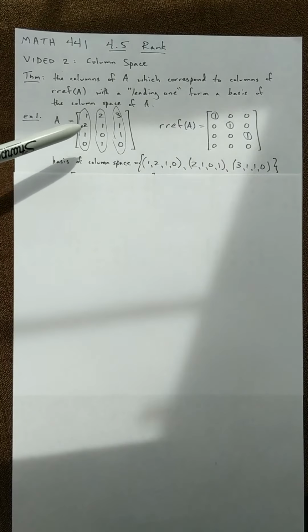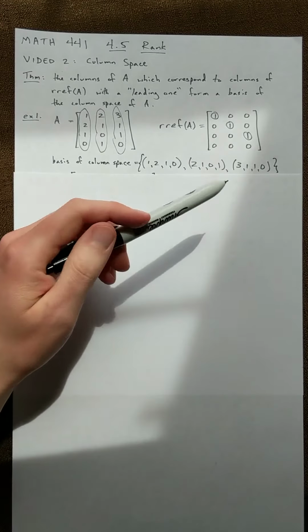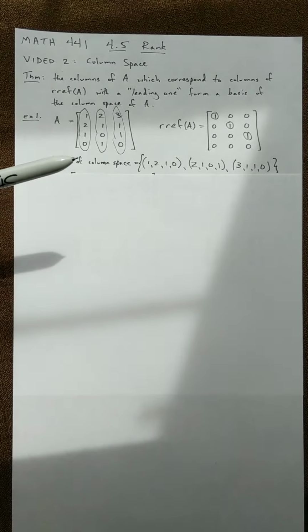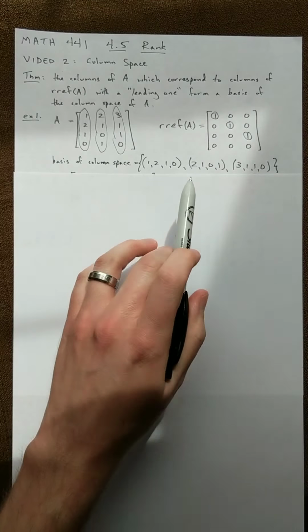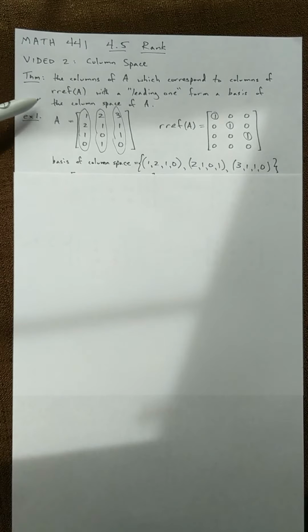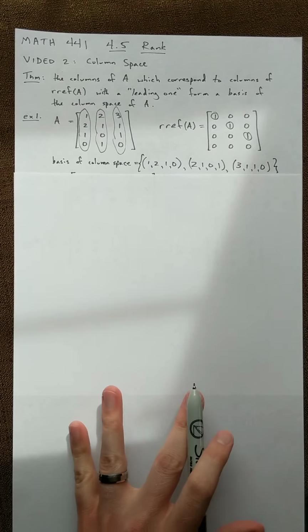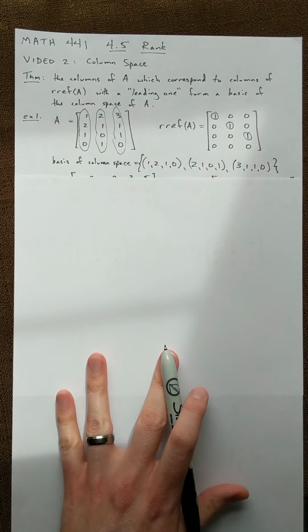And so that's another way that we could find a column space, is just by taking a transpose and then row reducing to find the row space of your transpose, because the transpose of a row would be a column. Okay, but again, probably this method that I've described with this theorem is the quickest way to find the column space, or at least find a basis of the column space.